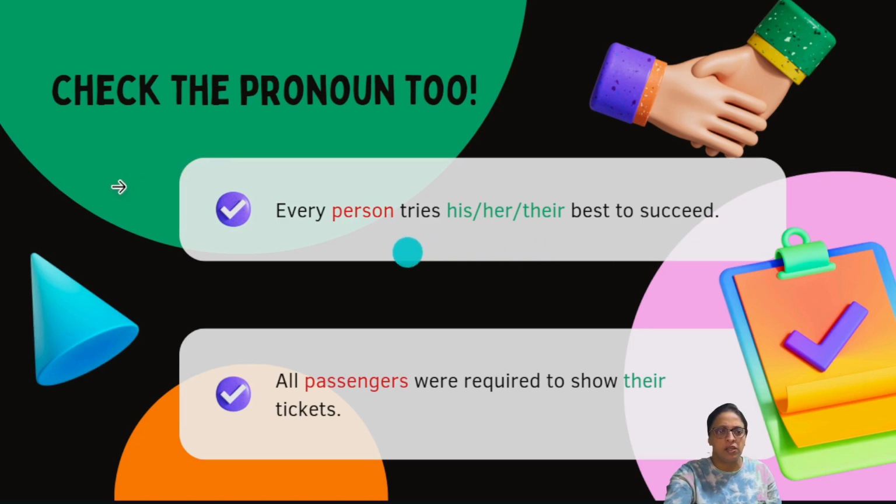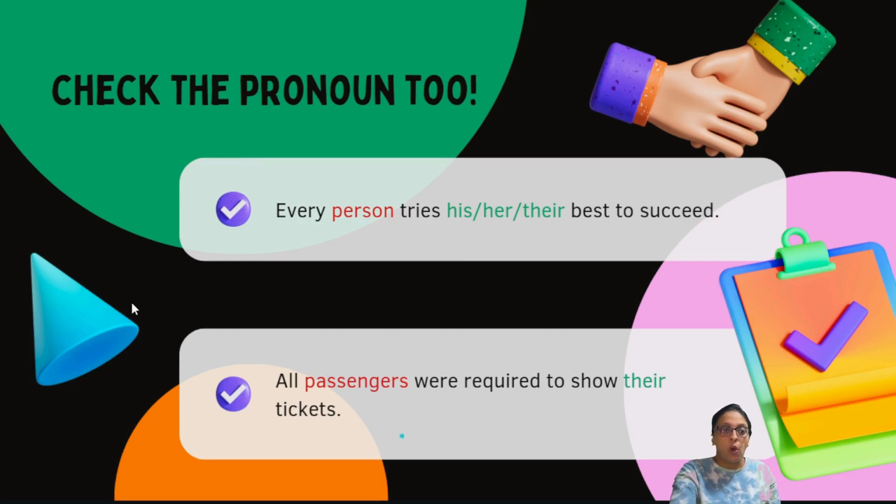So earlier we used to say every person tries his best to succeed. But now we are accepting gender neutrality. Therefore, we are going to use their, which includes his and her both, which talks about the men and women both. So every person tries their best to succeed in this case.